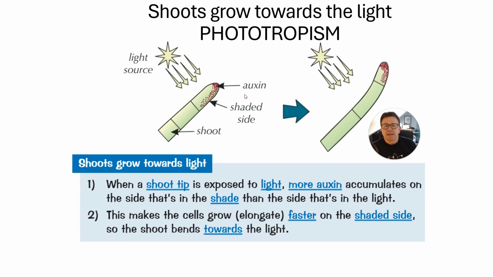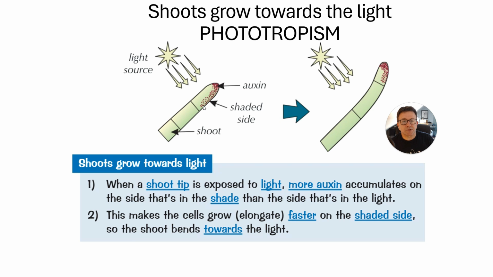Okay. Here's a quick summary of phototropism. So you can see when a shoot tip is exposed to light, more auxin accumulates on the shaded side of the shoot tip. The auxin's made in the tip, remember, and it basically diffuses down the shaded part.